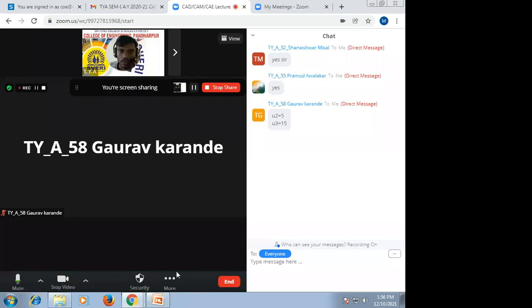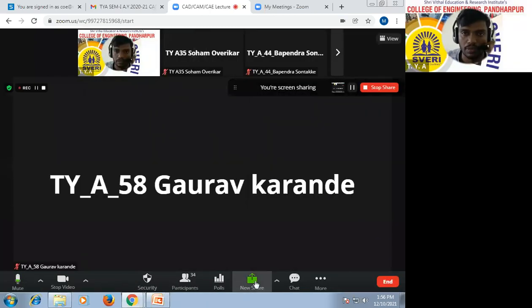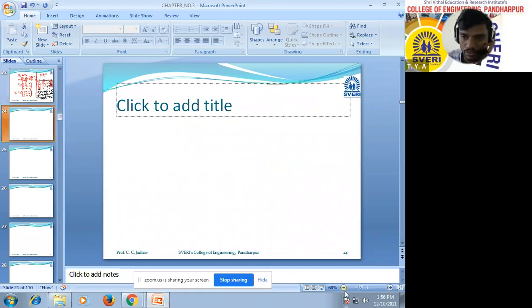Okay, so after calculating all the consideration terms, that answer will become 4u2 into 10 raised to 4 is equal to 20. So easily you can understand 20 divided by 4, that means 5, and 10 raised to 4 into minus 10 raised to 4.